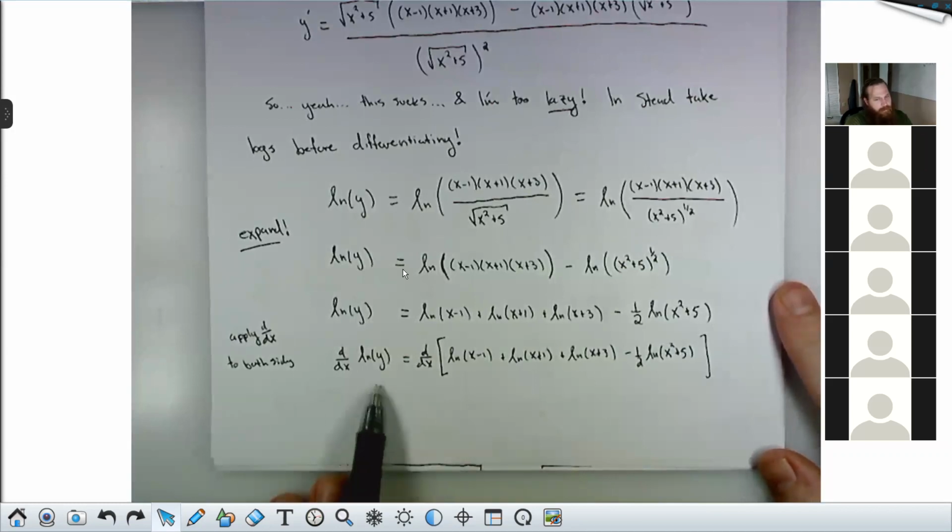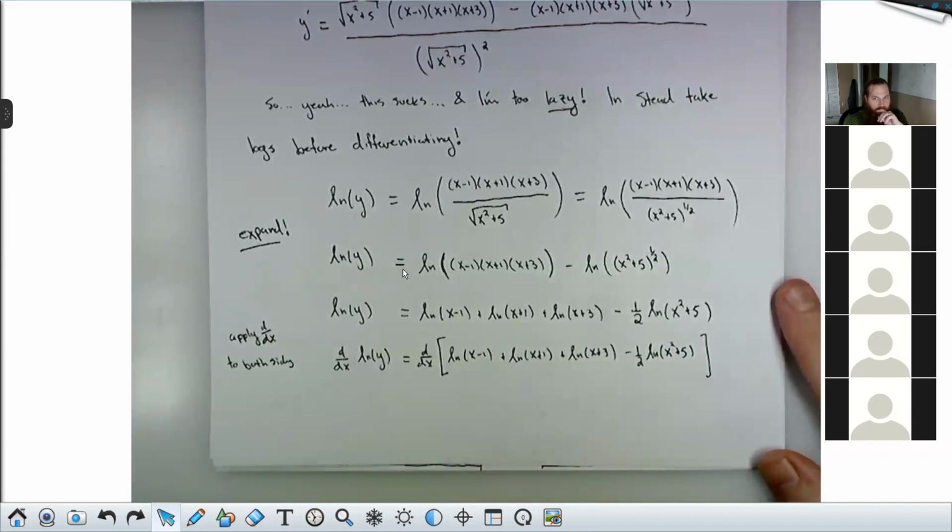What do I get on the left-hand side? What is d dx of ln y? Think about the rule I gave you on the previous page.